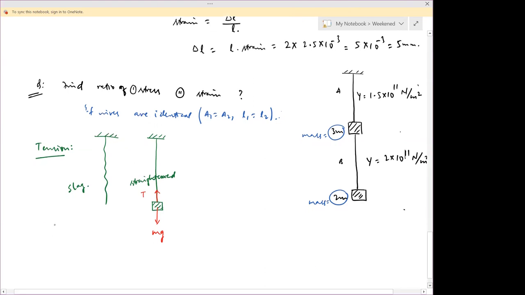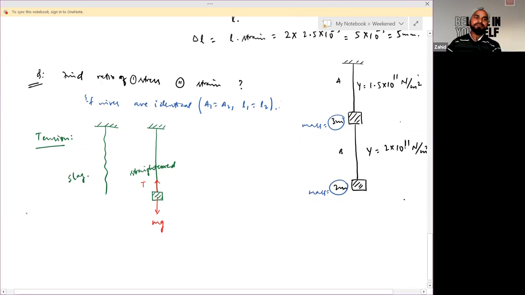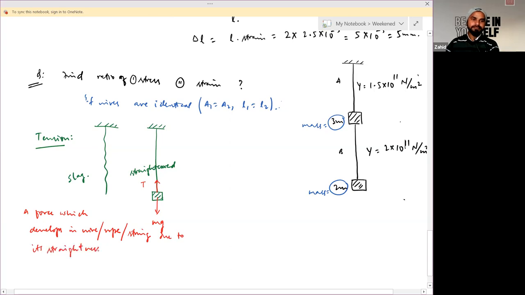Yes. So tension is nothing but a force which develops in a wire, rope, or string due to its straightness, and is termed as tension. It will act opposite to the point of contact.